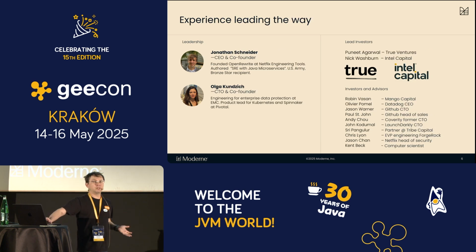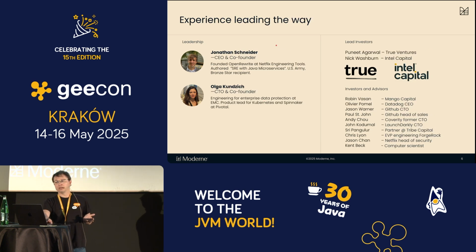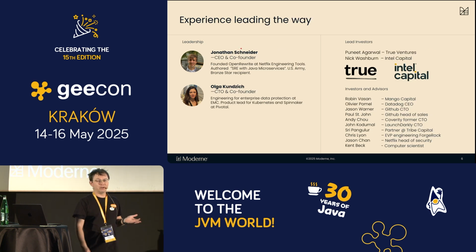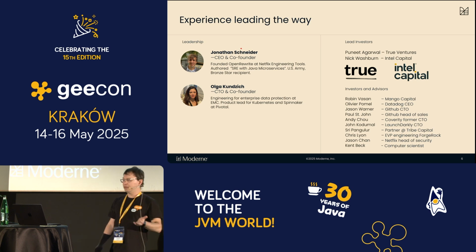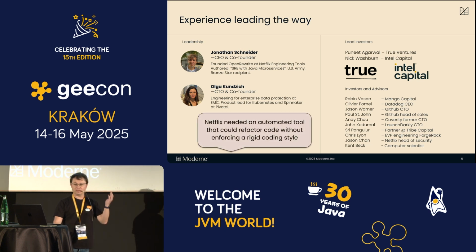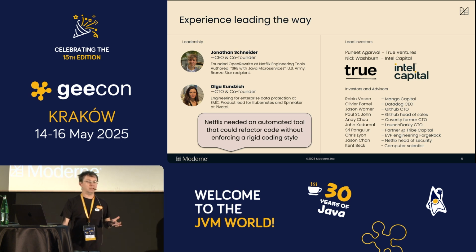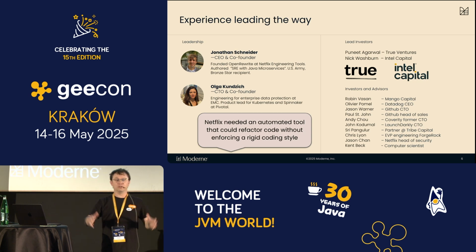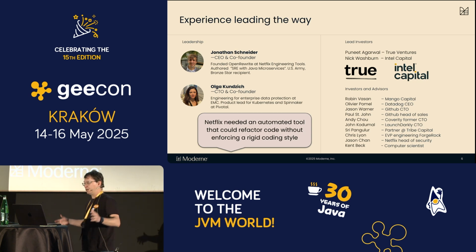This product was founded by Jonathan Schneider when he worked at Netflix. Netflix has a huge code base and had a problem: it had to be migrated to a new version of the internal framework, a new version of Java, and so on.